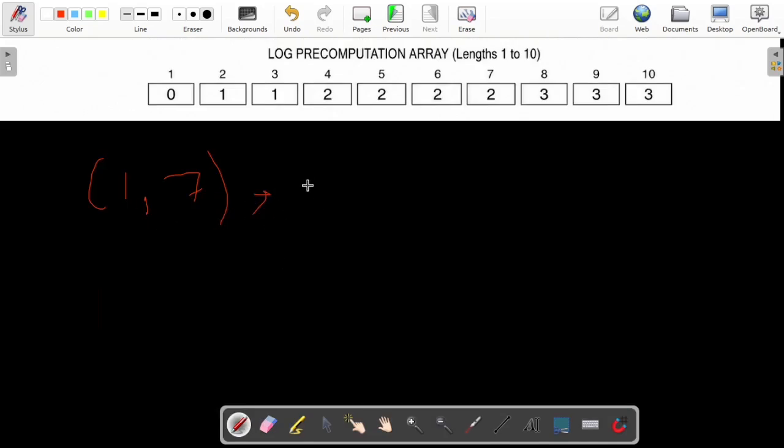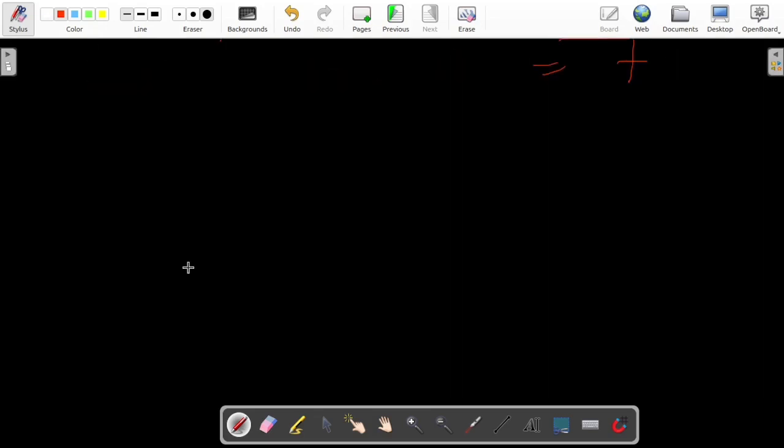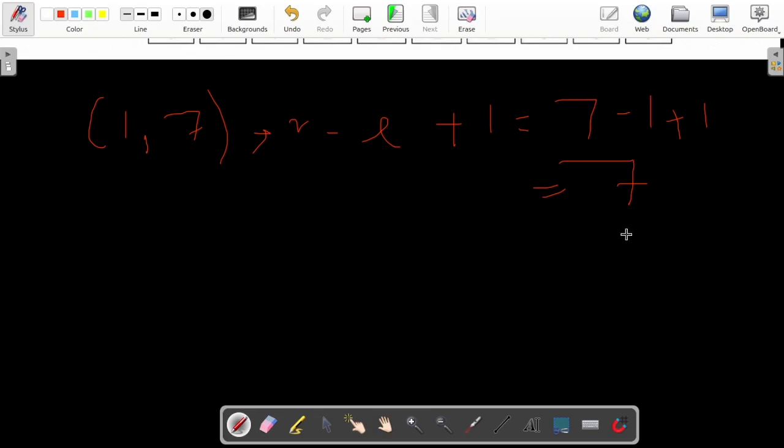What is the length of this segment? From 1 to 7, we have a total of 7 elements, that is r minus l plus 1, that is 7 minus 1 plus 1 equals 7. This is the length of my segment. Now let's write this in binary format.